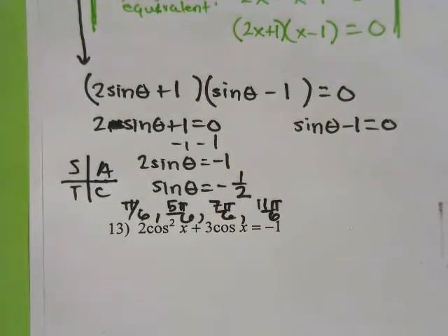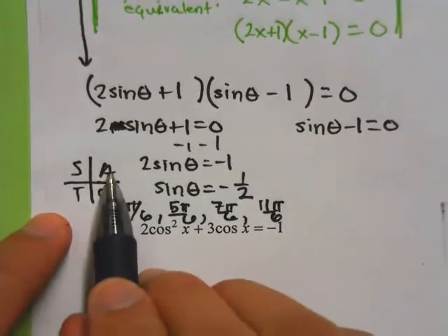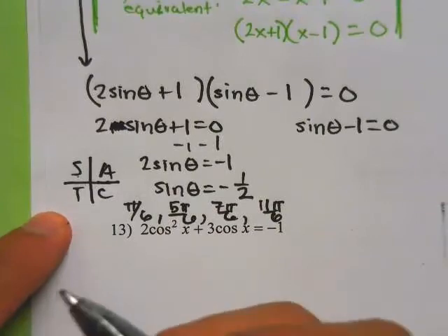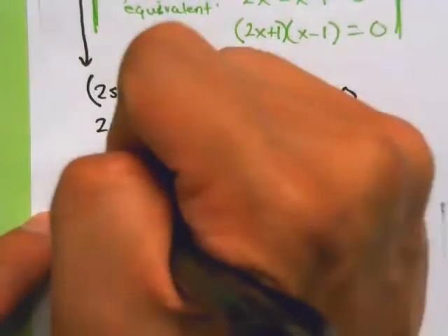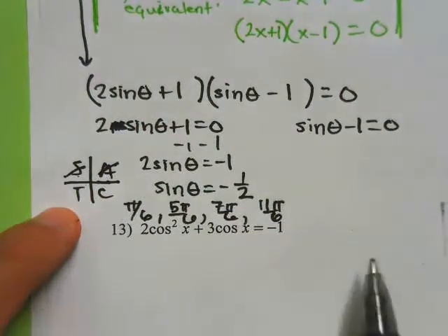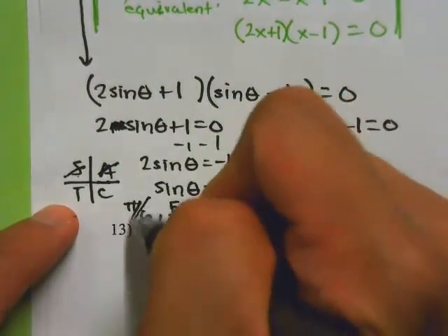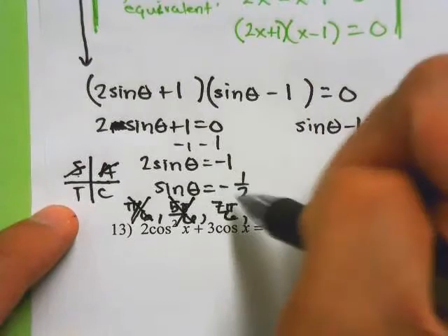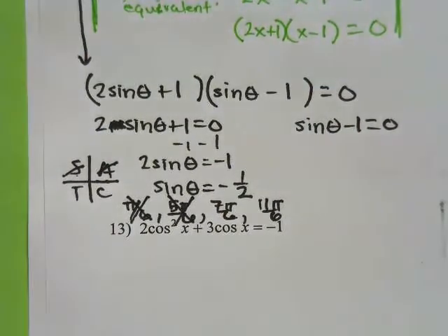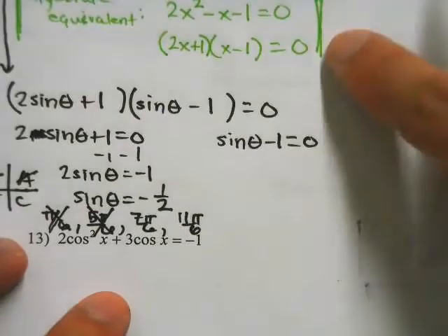We already know sine is positive in quadrant 1 and quadrant 2, but we don't want the positives, we want the negative values, so we're only going to take answers from quadrants 3 and 4. So that means we're going to cross off pi over 6 and 5 pi over 6. We're going to keep these two, and we'll circle them for our final answer a little bit later after we do this.